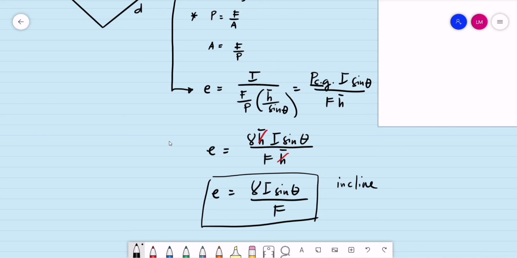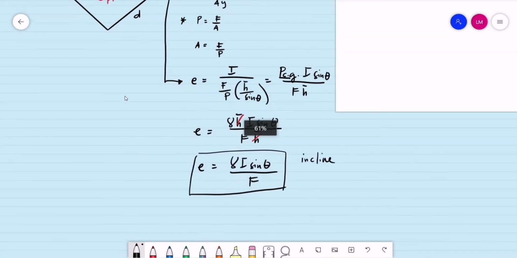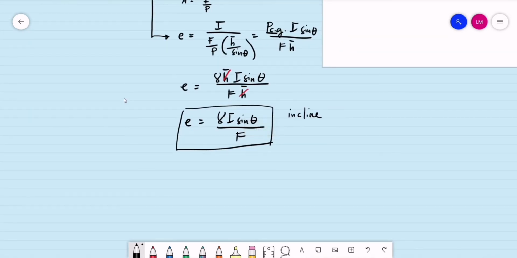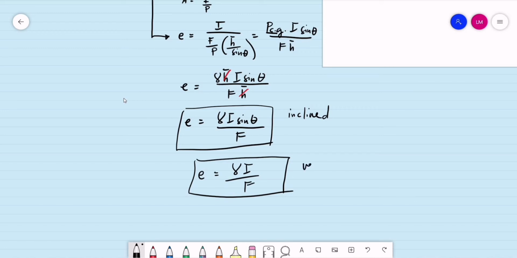Ano yung pagkakaiba niya dun sa vertical from our previous discussion? Kapag vertical, yung E is equal to gamma times I divided by the force. So ito naman kapag vertical, just in case na ayaw natin or hindi natin gagamitin yung bar h or bar y.